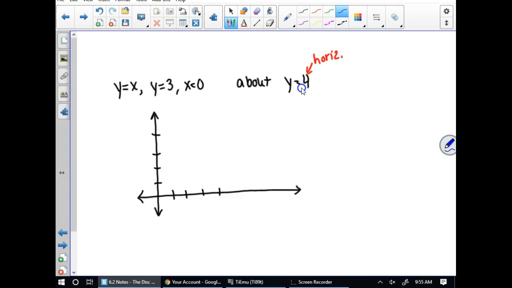And y equals x is the line, goes to the origin here, like this. Y equals 3. That's a horizontal line here at 3. And x equals 0, what's that?